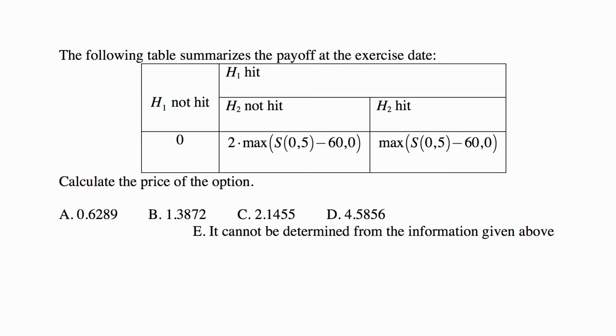Then once H2 is hit, the payoff drops to one times the maximum of the stock price minus 60, which is the payoff of a regular call. So a portion, in a sense, of the payoff is knocked out at the barrier of H2.